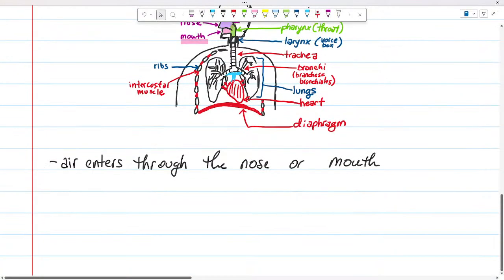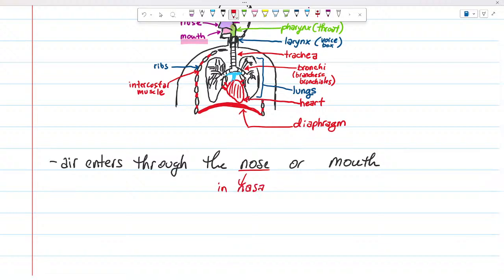If it enters through the nose, in the nasal cavity, blood vessels warm the air. And hairs and mucus filter it.